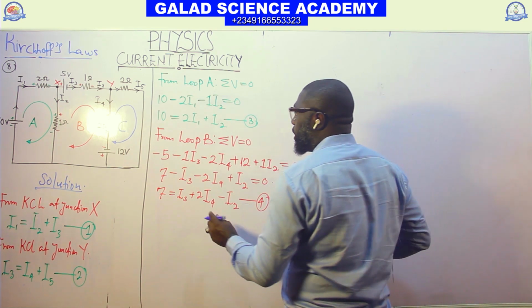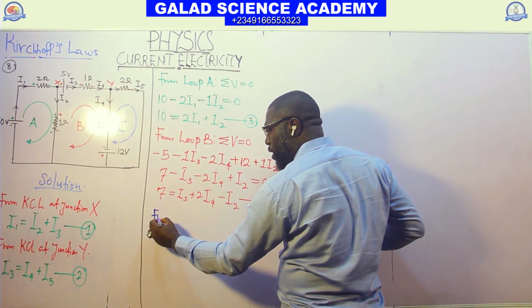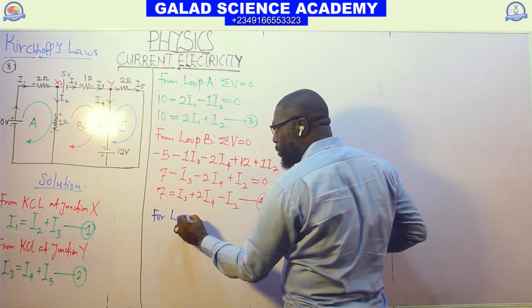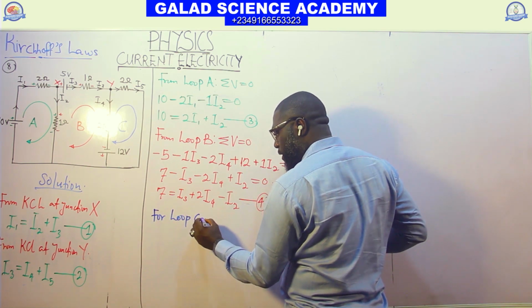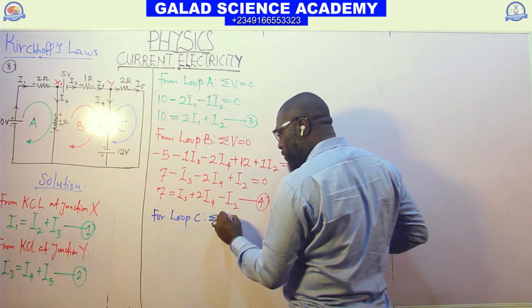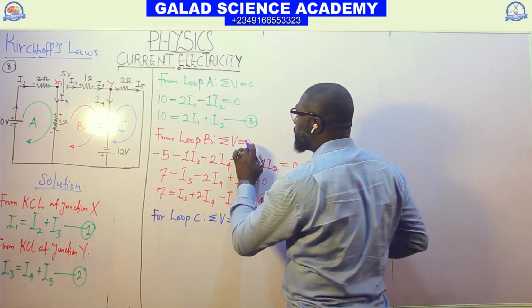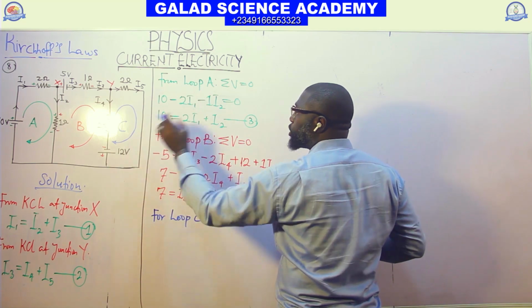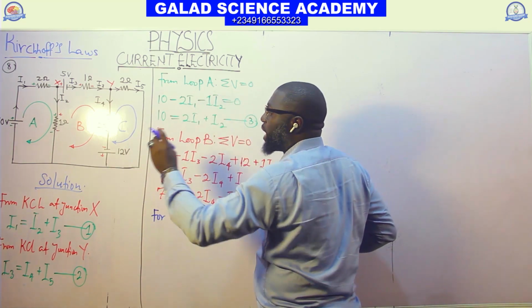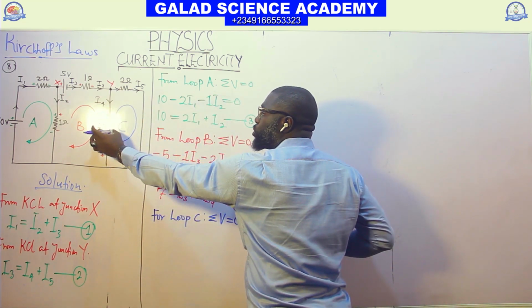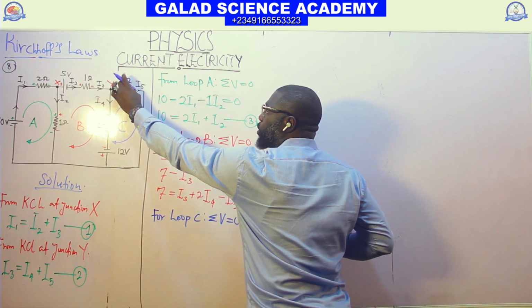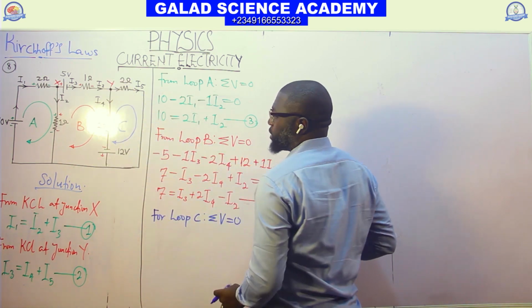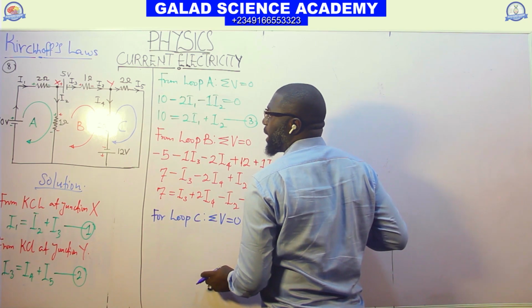So for loop C, the sum of the voltage is also equal to 0, the one we did there. This is loop C. How many loads do we have here? We have 2 ohms, we have 2 ohms, we have 12 volts. Let me start my reading from here.